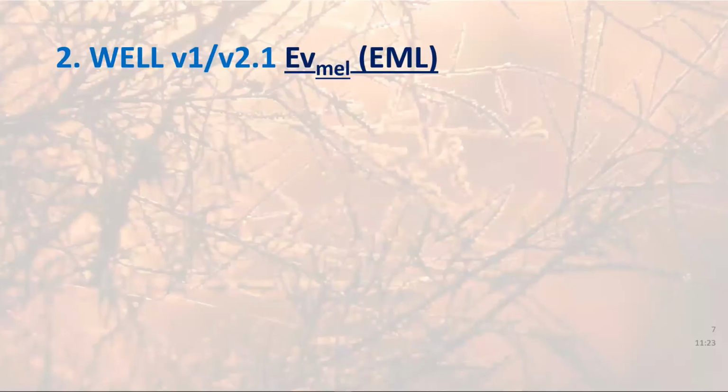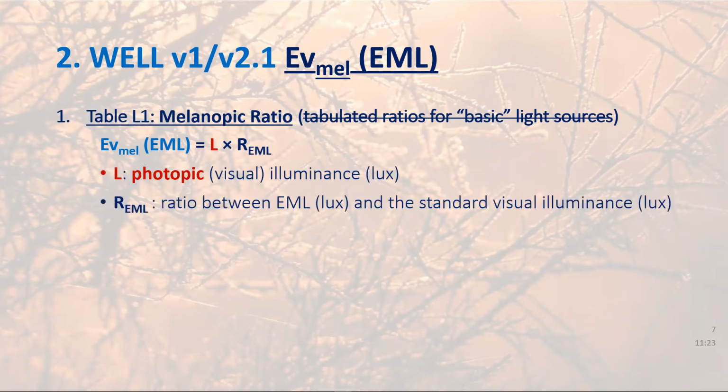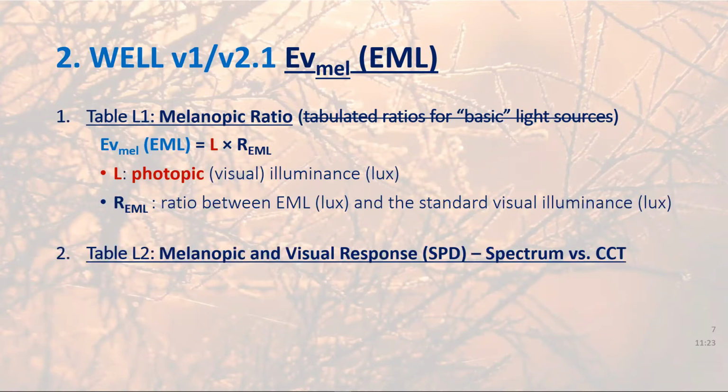The first metric that was used was called EML, and it is discussed in the WELL Building Standard and used in version 1 and version 2.1. I'm not going through the details, but it's basically a relationship between the photopic illuminance and a ratio that takes us to the melanopic.